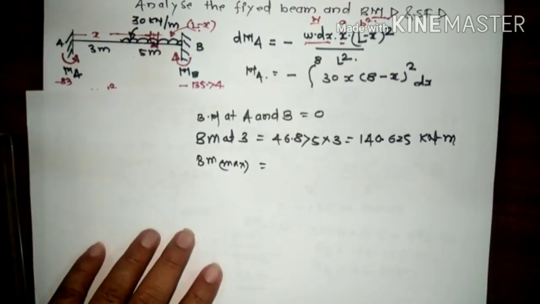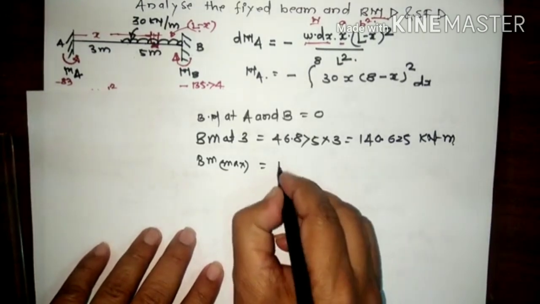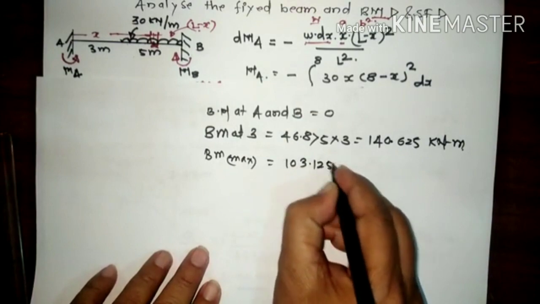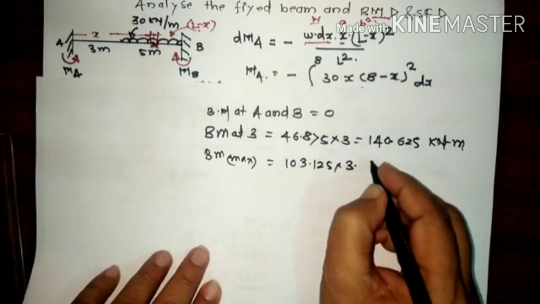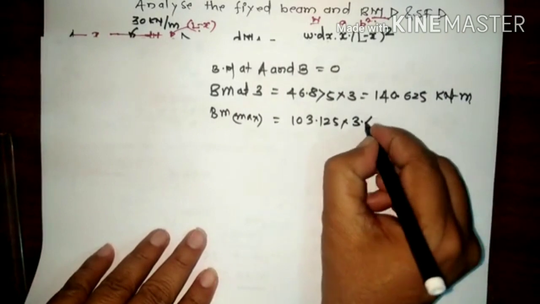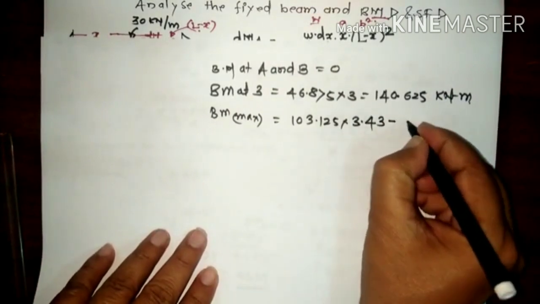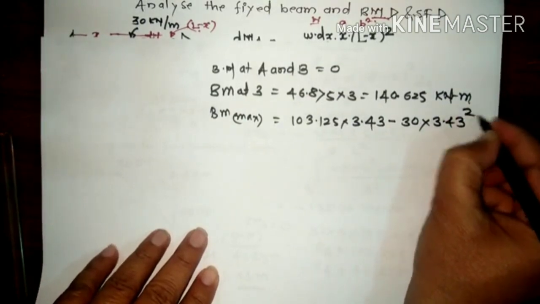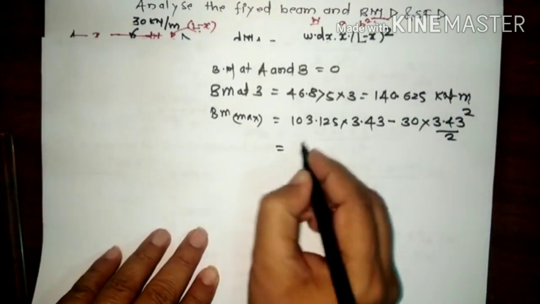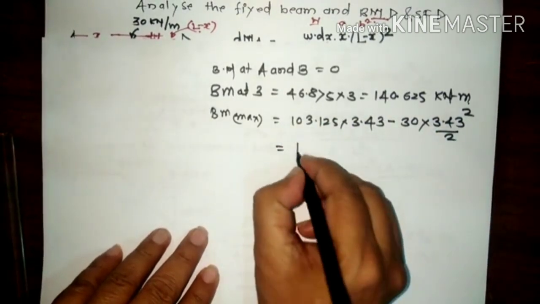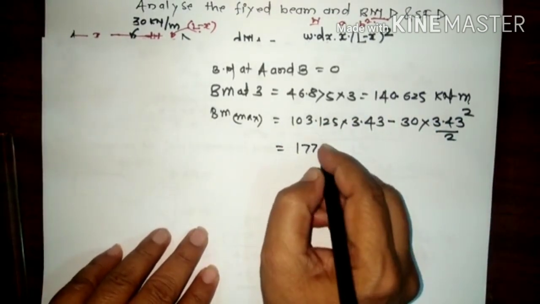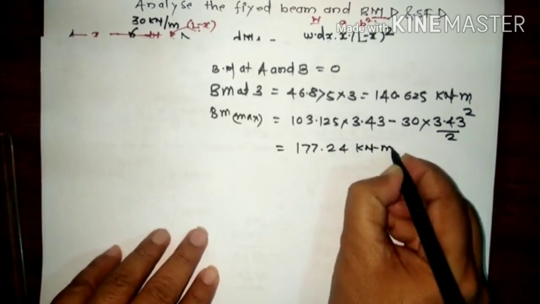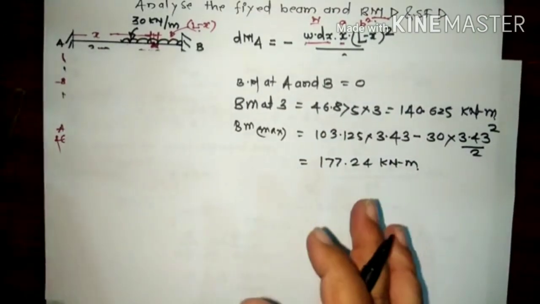RB is equal to 103.125 into 3.43, minus 30 into 3.43 squared by 2. If you calculate on the calculator, this value becomes 177.24 kilonewton meter.